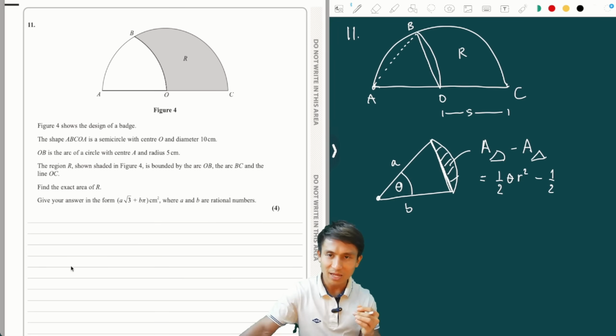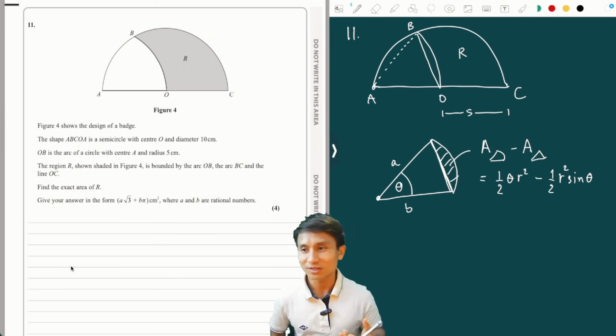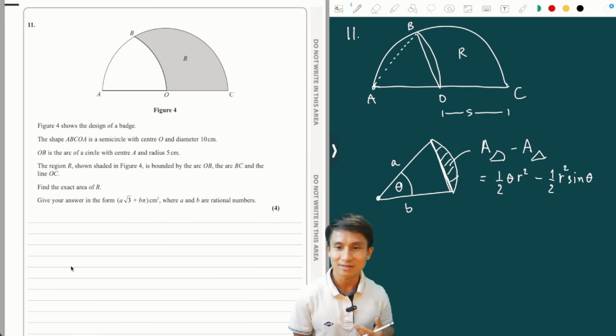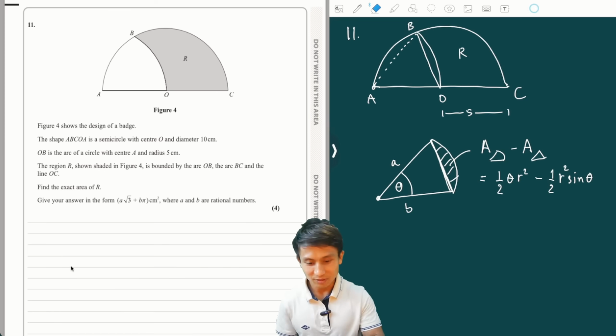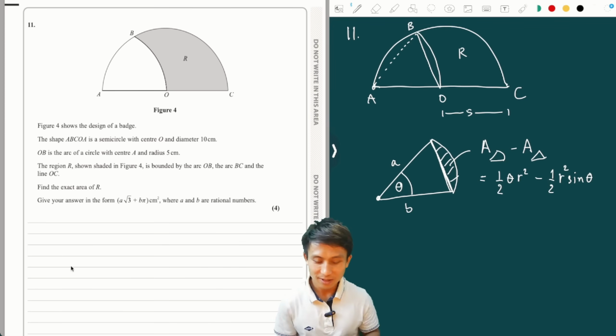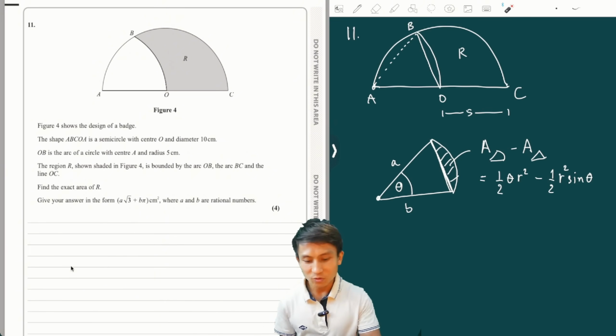But a and b are just radii, so they are the same, r. So it's r squared sine theta. That's the formula of the little segment in the sector. After you found that segment, you will be able to find this whole thing, and then subtract that from the semicircle area.